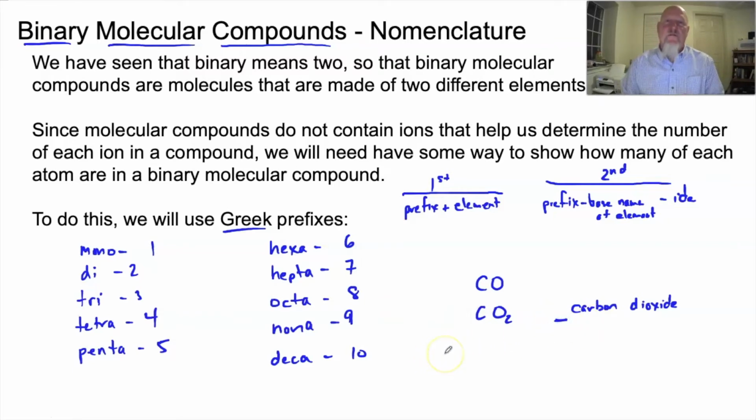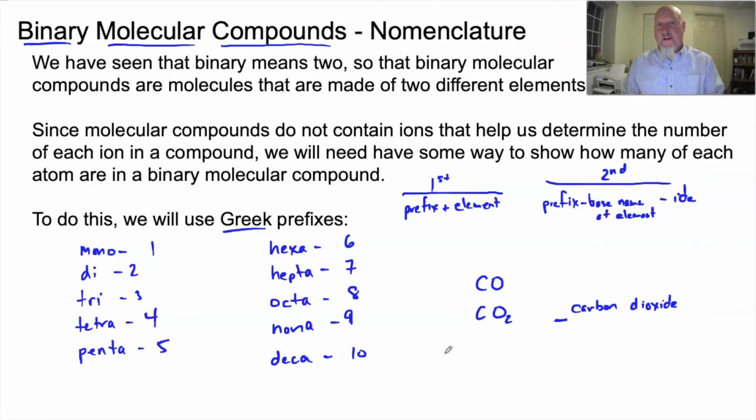So if there's only one of the first element, we don't use the mono for the first element listed. In this case we have carbon listed first and oxygen second. Since there's only one carbon, we don't write monocarbon dioxide. So if we have one of the first element, the mono's dropped.